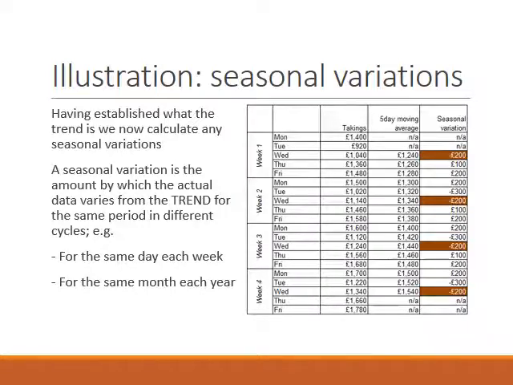And this pattern is going to be the seasonal variation for that day. So if we have a look at Wednesdays, well, we notice in each week the Wednesday seasonal variation is minus £200. And we would also examine all of the other days of the week as well.